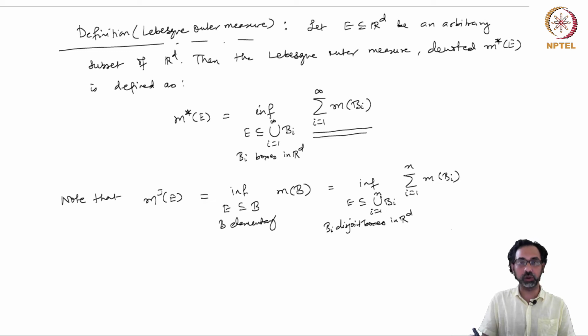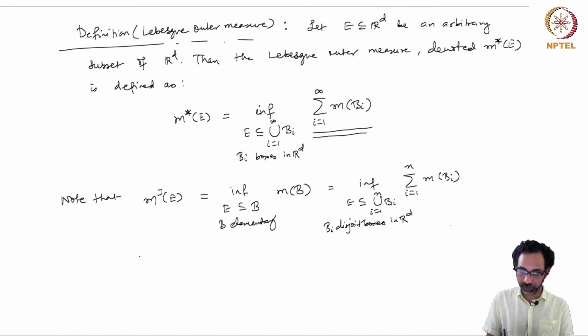So we see that in the definition of the outer Jordan measure using finite boxes, if we replace finitely many boxes by countably infinitely many boxes B_i and take the infinite sum of the measures of B_i, then we pass from the outer Jordan measure to the Lebesgue outer measure. This will allow us to treat countable unions, countable intersections, and open sets in R^d satisfactorily.